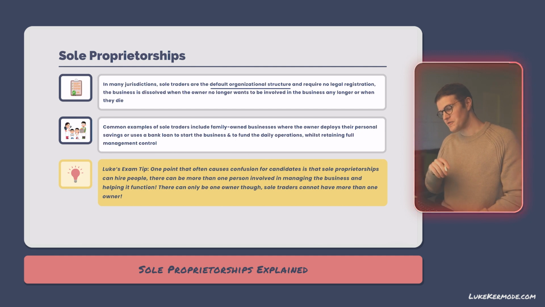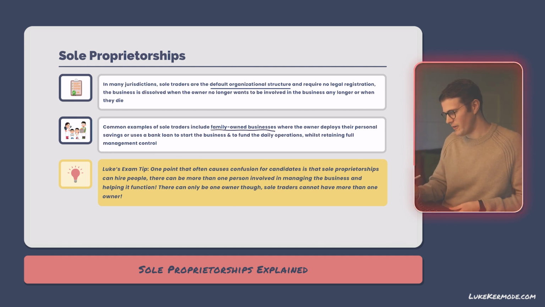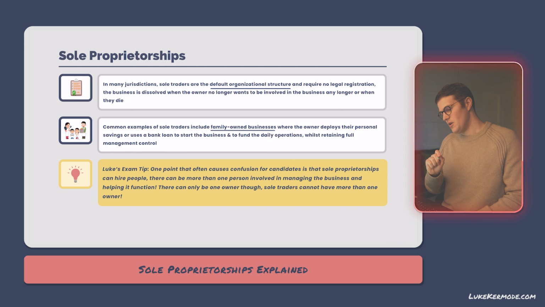Common examples of sole traders include family-owned businesses, so very small family businesses where the owner deploys their personal savings or takes out a small bank loan to kickstart the business. So it's very small, maybe one owner and a couple of employees.